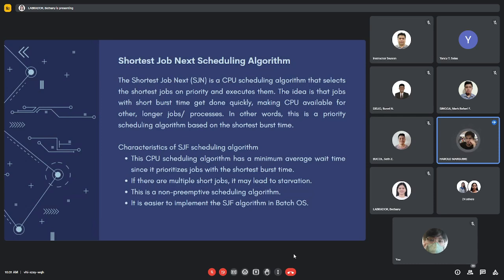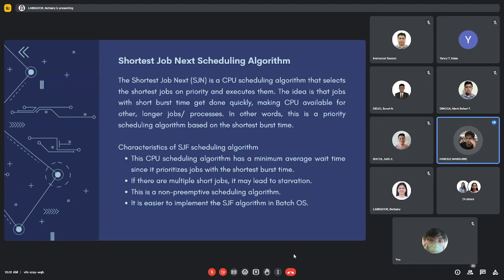The idea is that jobs with short burst time get done quickly, making the CPU available for other longer jobs or processes. In other words, this is a priority scheduling algorithm based on the shortest burst time.